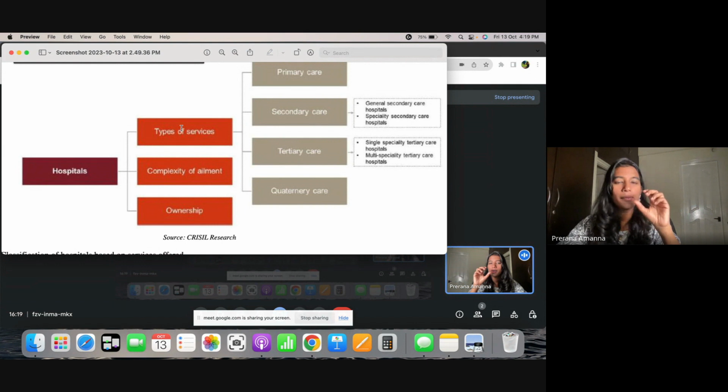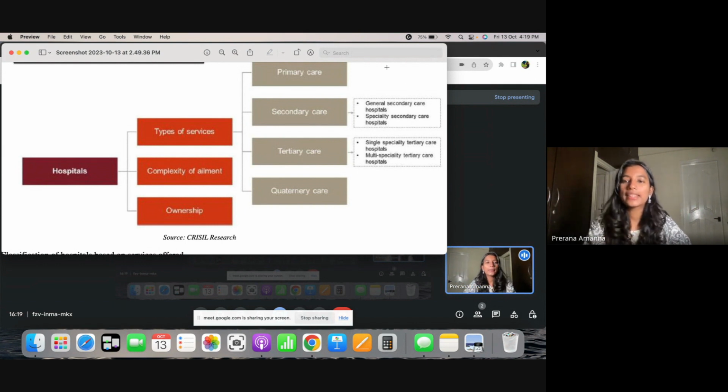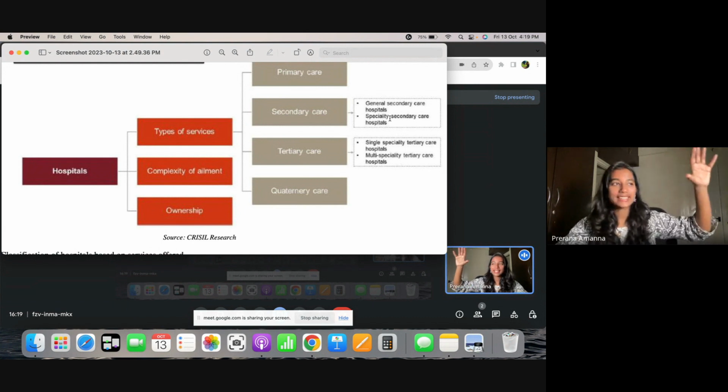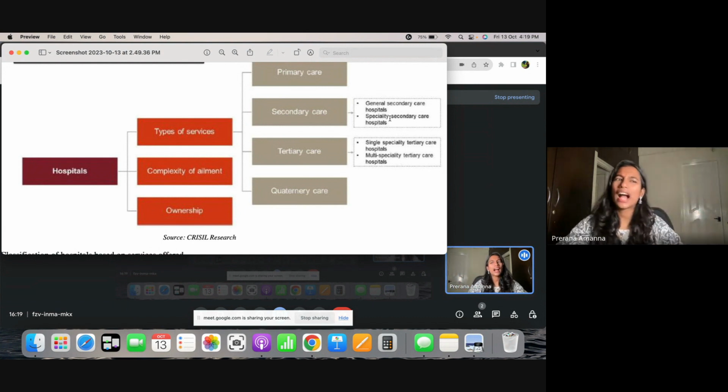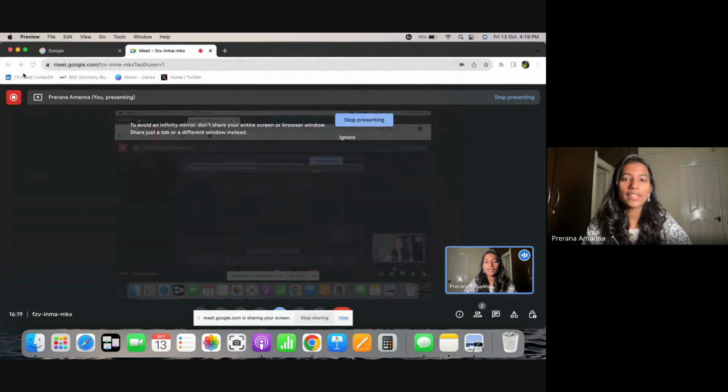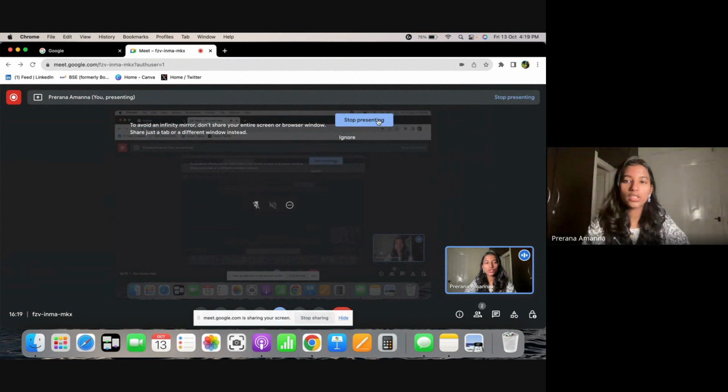Another example that I can give here is for your general secondary care and your specialty secondary care. If you see the specialty secondary care these days, you would have seen Apollo's small clinics being established everywhere, right? And they're trying to be hyper local. One of the reasons I think Apollo has understood is that it is not possible to set up a hospital in every nook and corner because of the non availability of land.